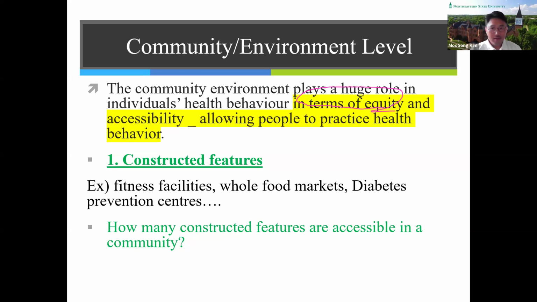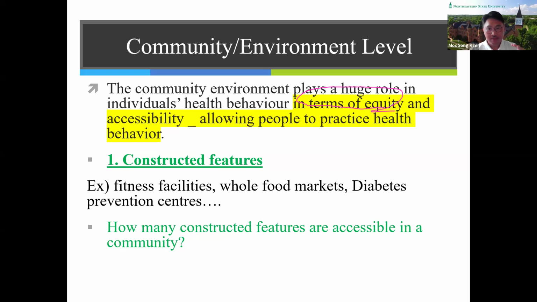In this environment, everyone can access health resources like parks and walking trails. Regardless of gender, financial status, or social status, they can access this public environment and practice their health behavior.